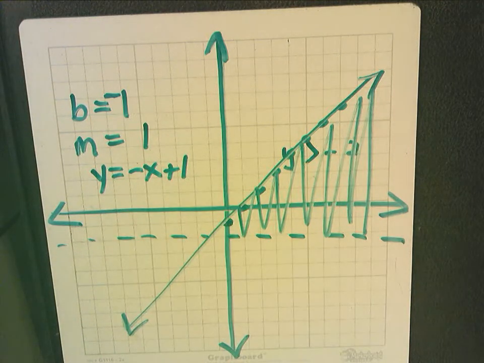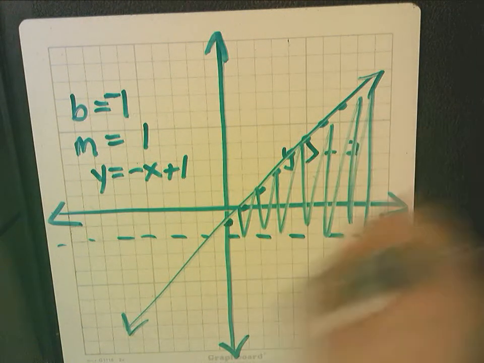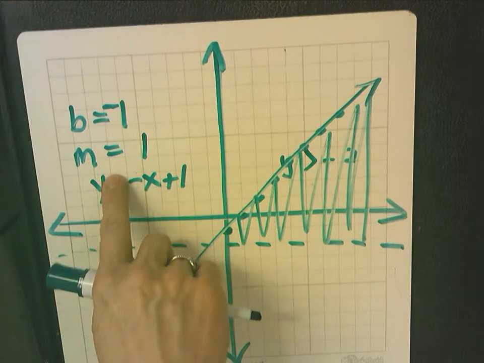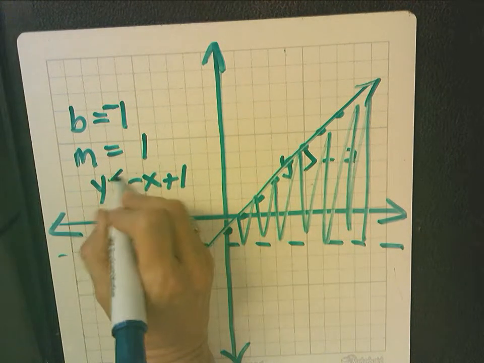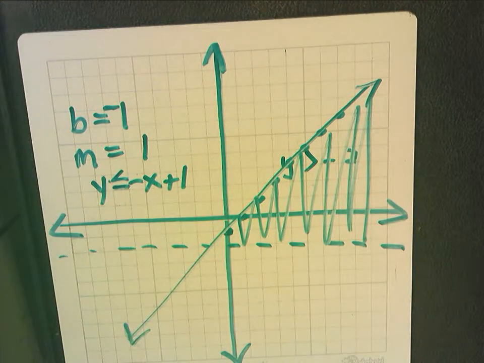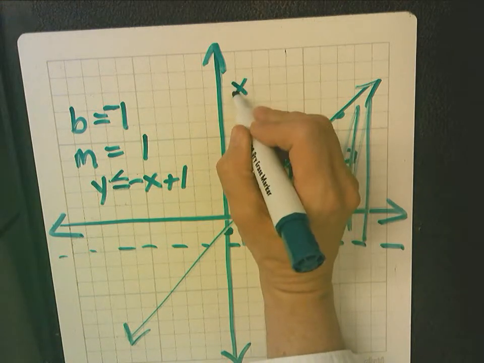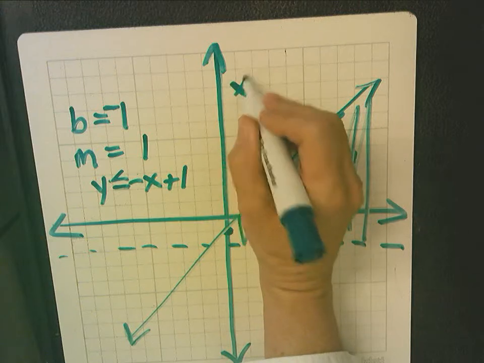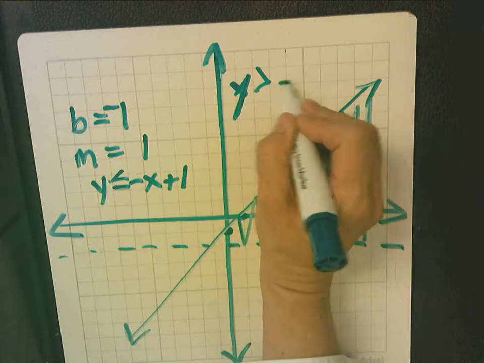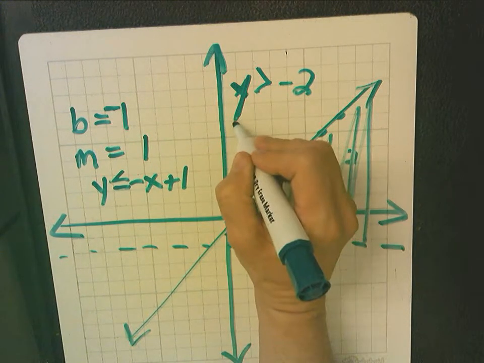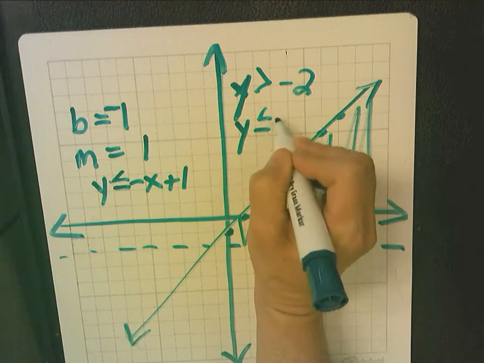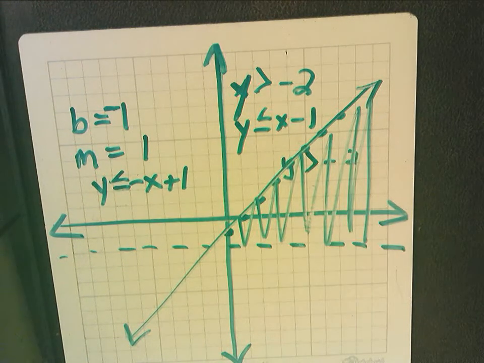But this is more than an equation, it's an inequality. So I noticed I shaded below, and it's a solid line. So this is y is less than or equal to x minus 1. So my two inequalities are y is greater than -2 and y is less than or equal to x minus 1.